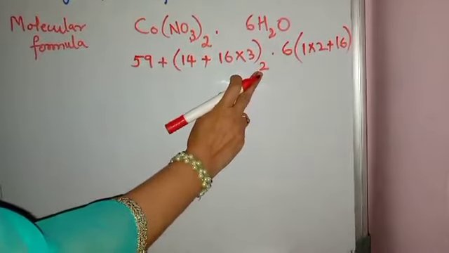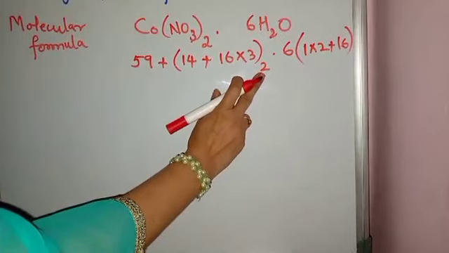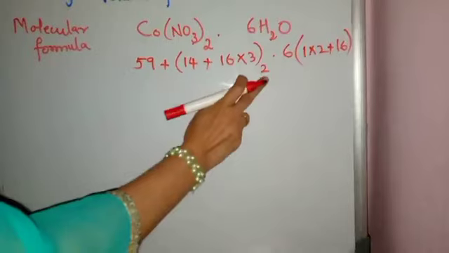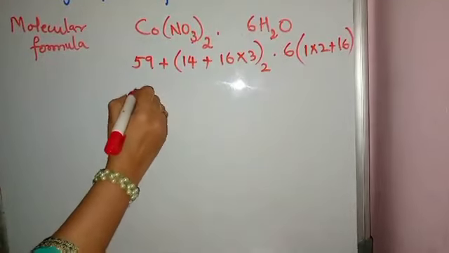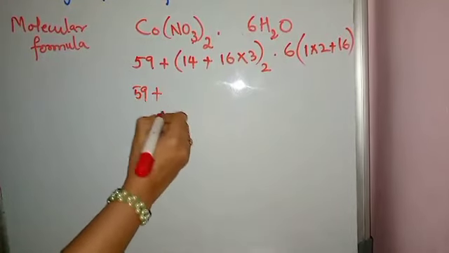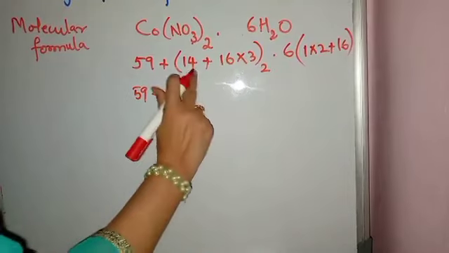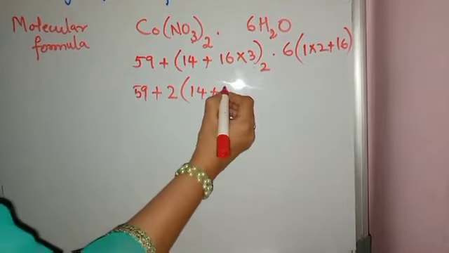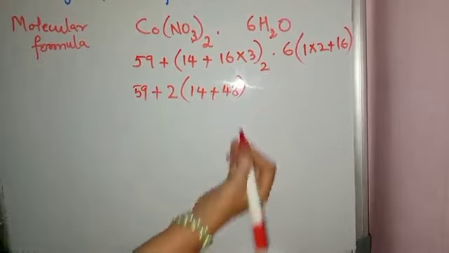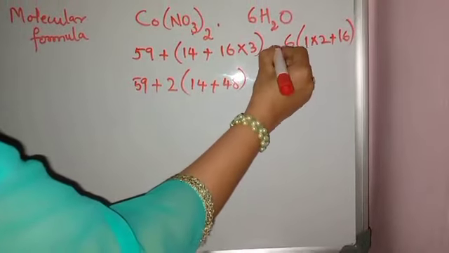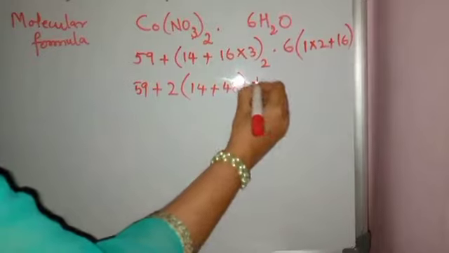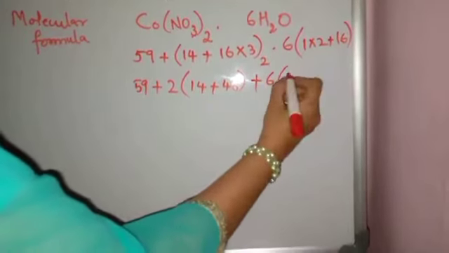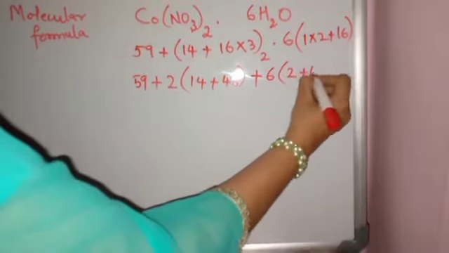Now I have written it like this. The whole bracket has to be multiplied by 2. So again I will write 59 plus 2 into this whole thing, 14 plus 16 into 3, which is how much? Good, 48. And since here there is a dot, it means it is plus. 6, 1 into 2 is how much? 2 plus 16.